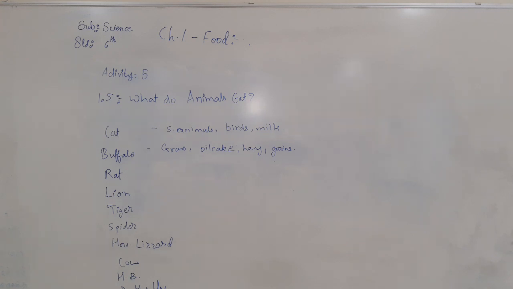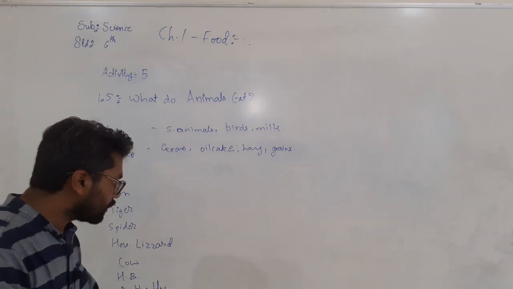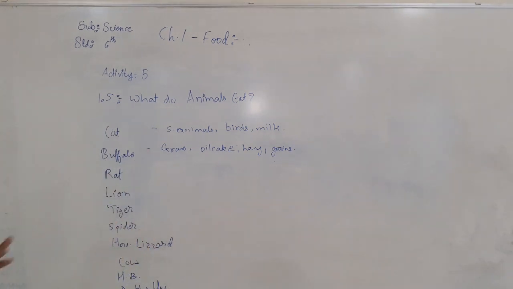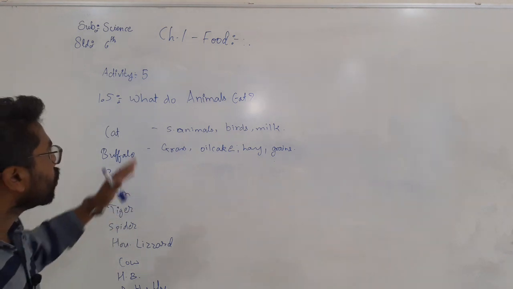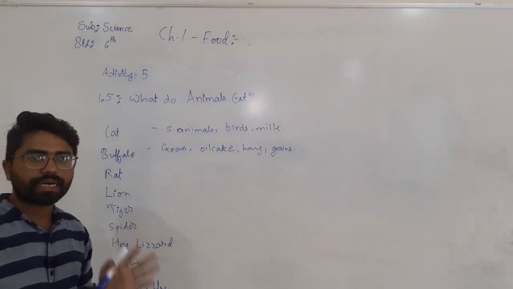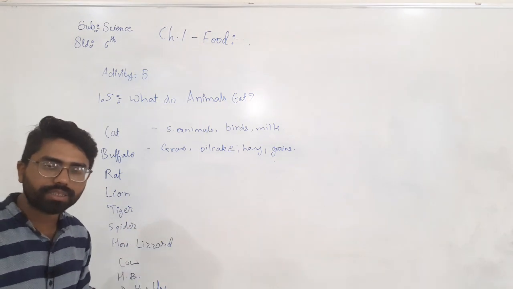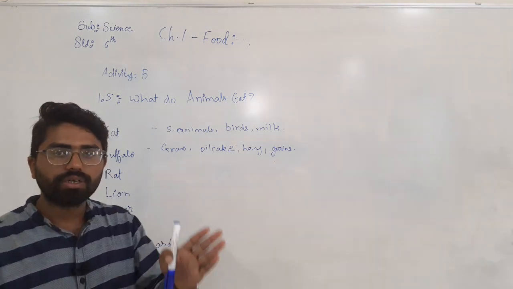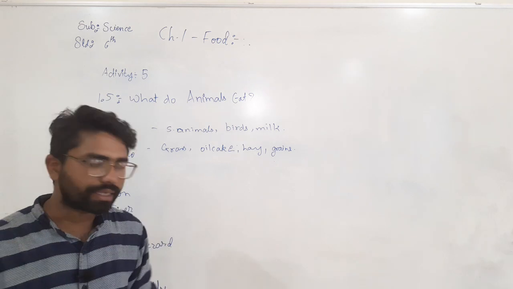Now, according to their diet, they are divided. Now you have to complete the table which is shown in your activity number 7. You have to complete that activity number 7 that is given in your textbook. Okay, you have to write the names of the animals which are omnivorous, herbivorous and carnivorous.